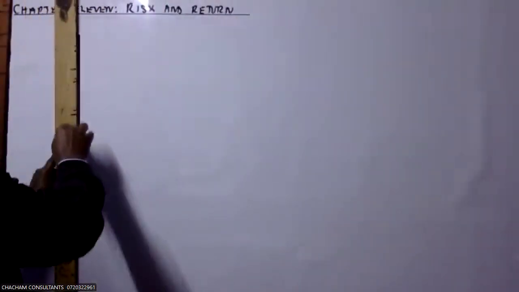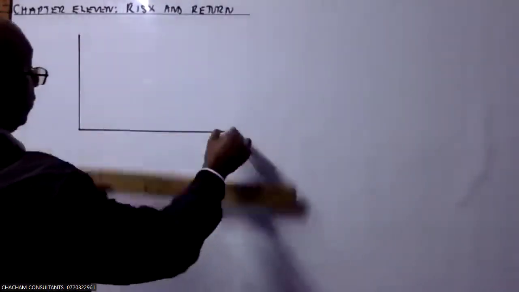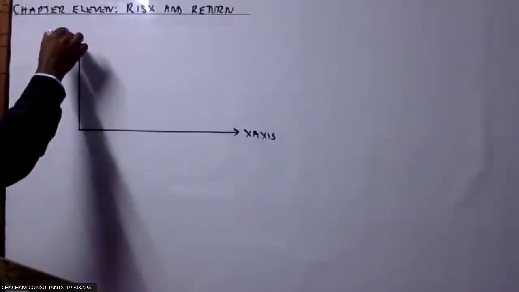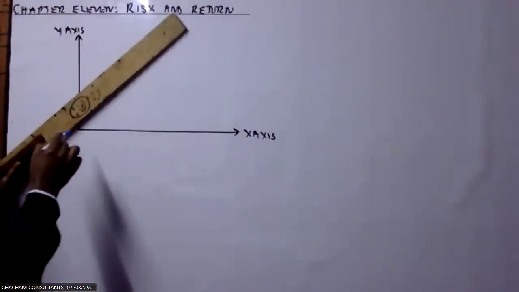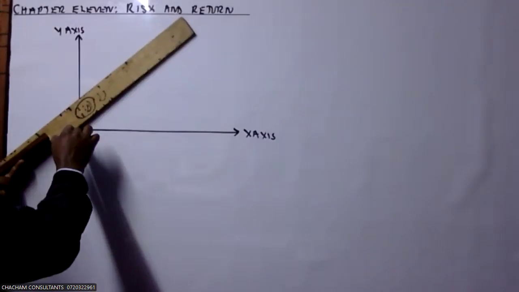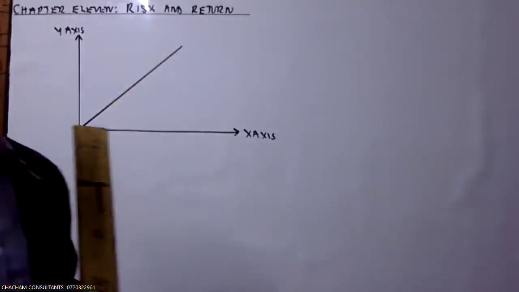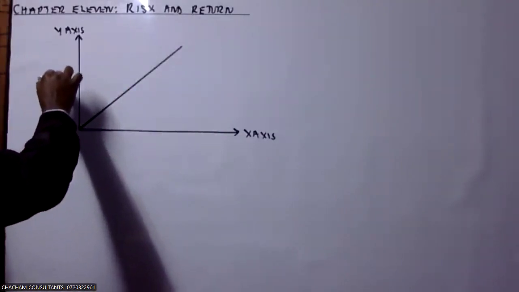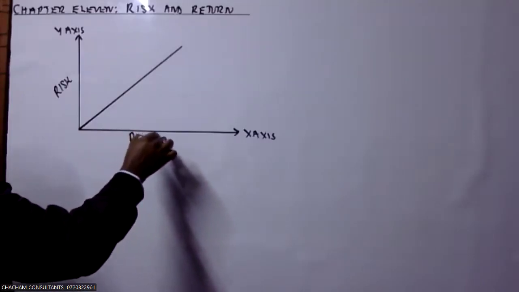Just draw a simple graph. Just a small graph. This is x-axis. And this is y-axis. Something like that. This is risk here. And this is return.